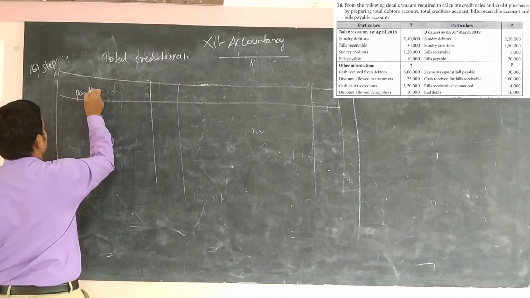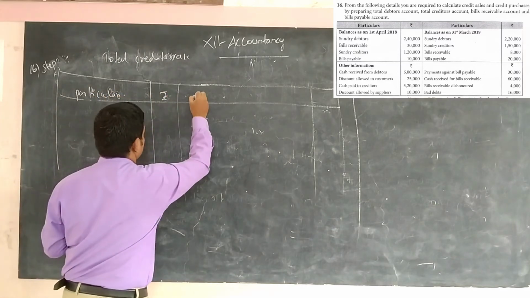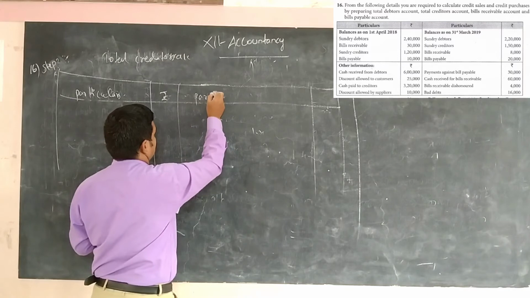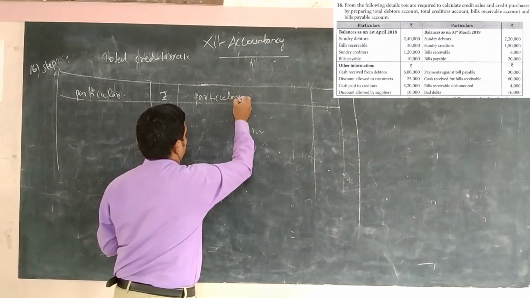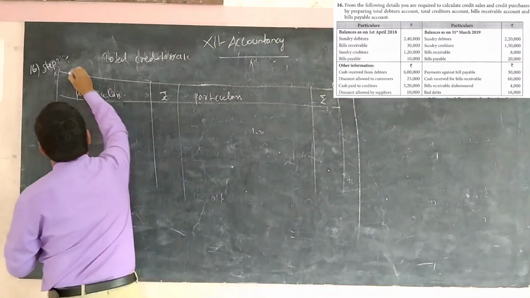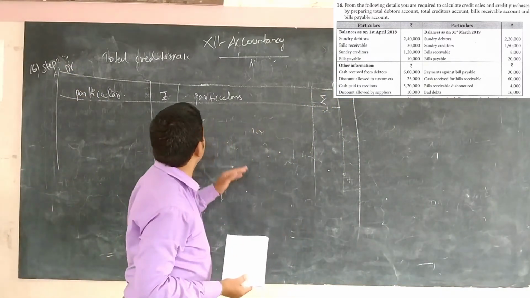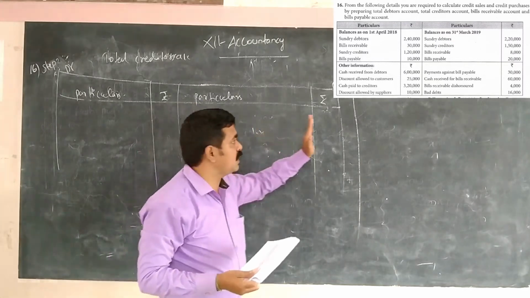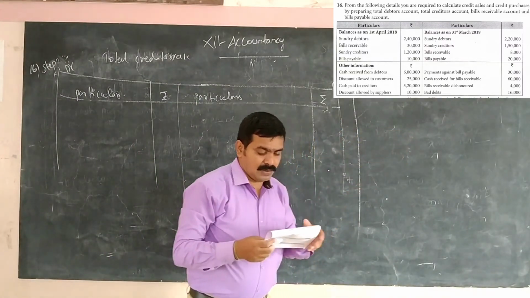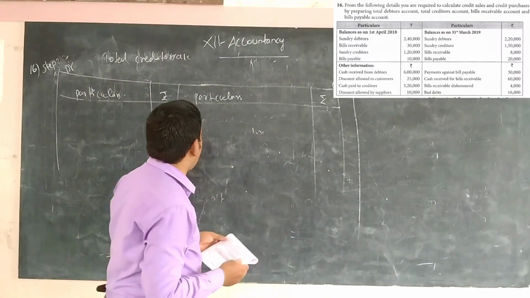Particulars, credit side, debit side. Okay, so the opening balance of sundry creditors, that amount is given in your problem. The amount is 1,20,000.